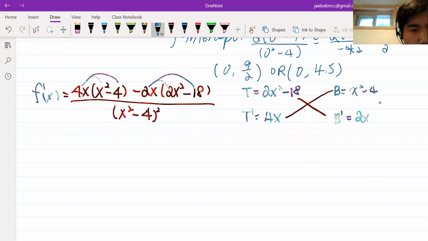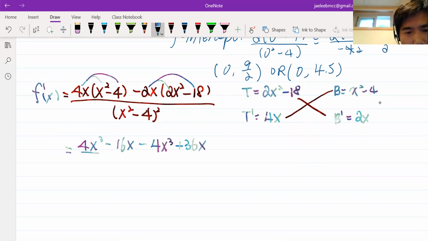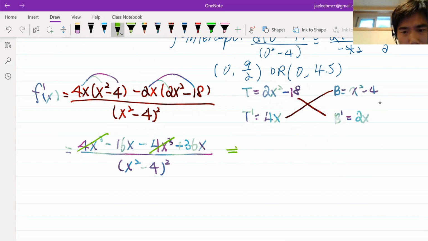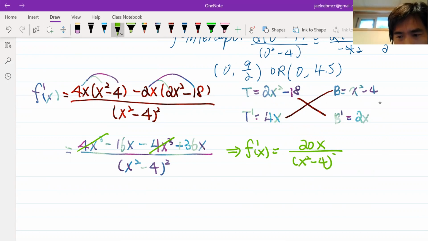Then this is going to be 4x³ − 16x − 4x³ + 36x over (x² − 4)². So now we can cancel this out. So this becomes f′(x) = 20x over (x² − 4)².